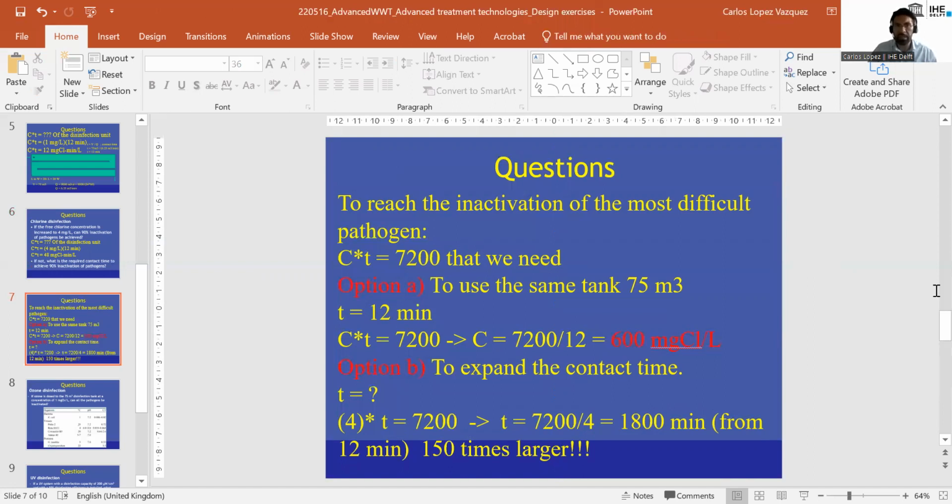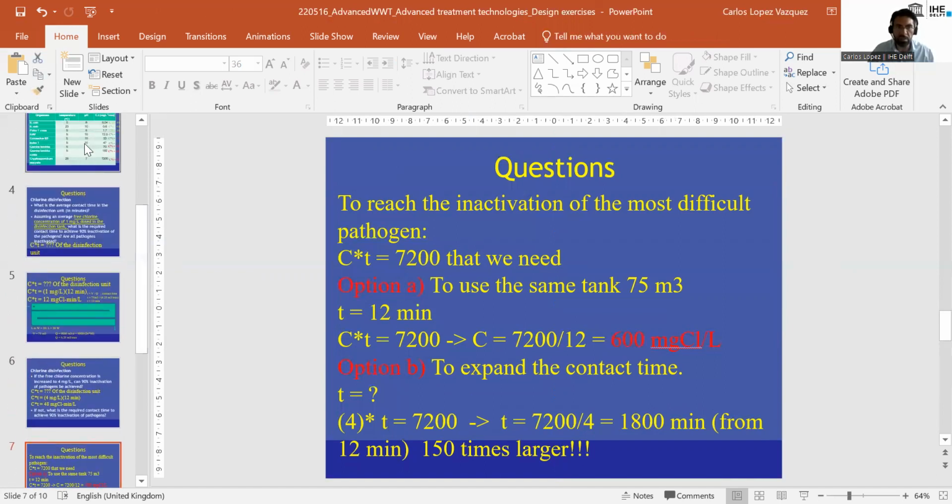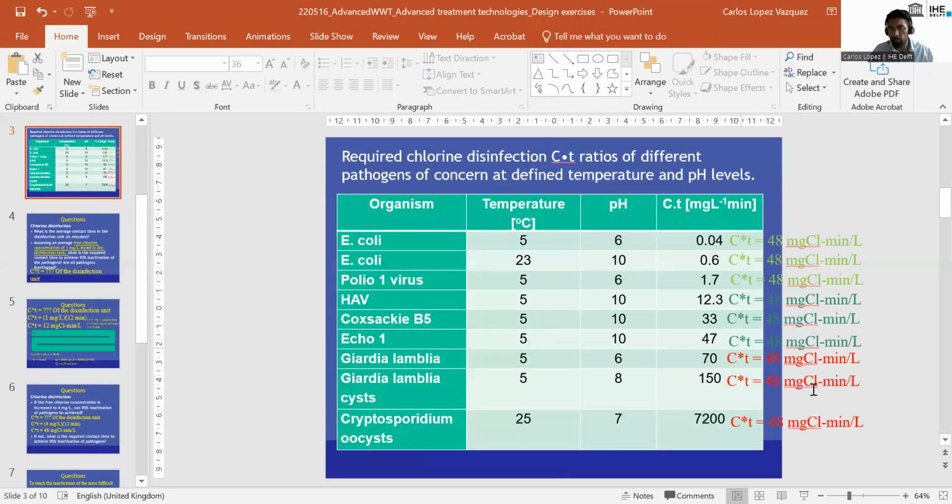So if we use chlorine and we want to disinfect everything, including the most difficult organism, there are some limitations. If the concentration is adjusted and we apply 4 milligrams per liter based on the retention time of 12 minutes, we can remove up to Coxsackie and ECO1, and we are going to miss Giardia lamblia and Cryptosporidium.